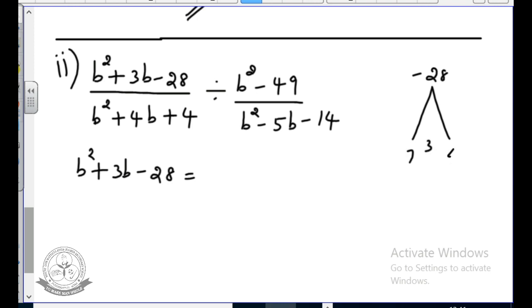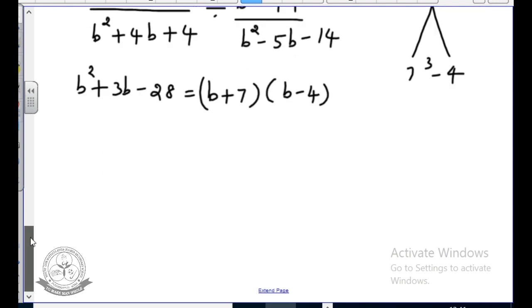So 7 4s are 28, right? If suppose here we are taking minus, we will get minus 28. If we add these two, we will get plus 3. So the variable here we are having is b. So b plus 7 into b minus 4.